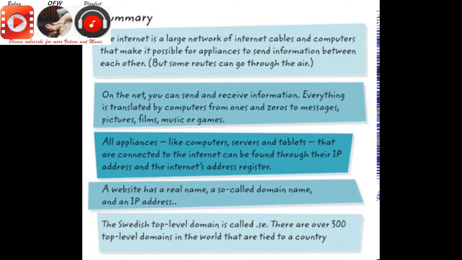Everything is translated by computers from ones and zeros to messages, pictures, films, music, or games. All appliances, like computers, servers, and tablets, that are connected to the internet can be found through their IP addresses and the internet's address register. A website has a real name, a so-called domain name, and an IP address. The Swedish top-level domain is called .se. There are over 300 top-level domains in the world that are tied to a country.